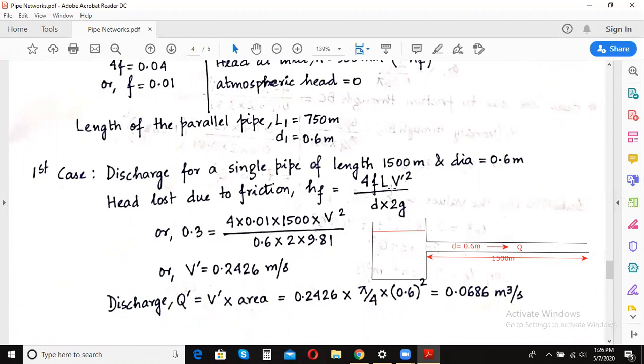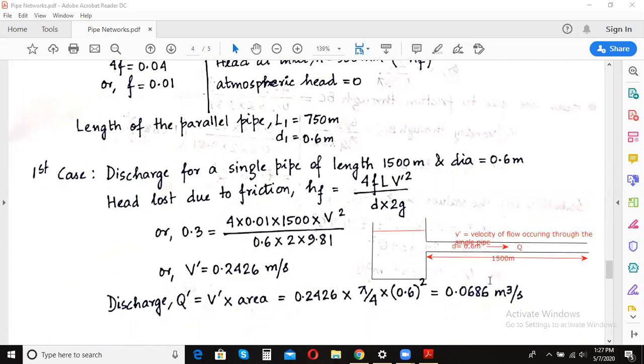What is V'? V' is the velocity of flow occurring through this single pipe, right? Clear?